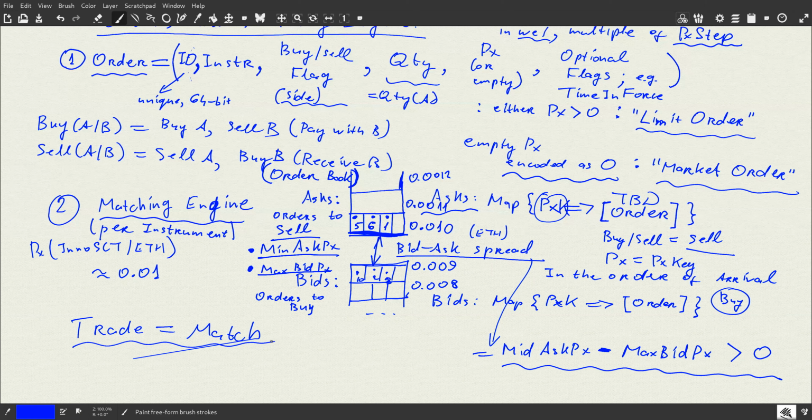So for the moment, there are no trades because buyers refuse to increase the price. The maximum buying price is 0.009 and sellers refuse to decrease the price they ask for our coin. So the minimum remains 0.01, so nothing happens.